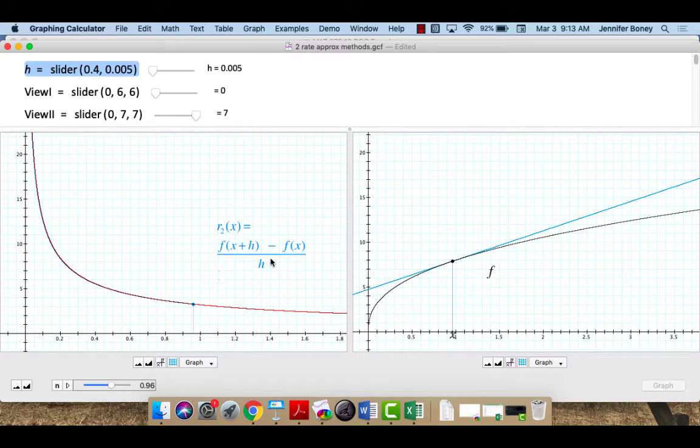I'm going to find those ratios of changes, and that gives me my rate of change value for any x value. But if I leave it as a general x and a general h, I can think of this as a formula to construct a rate of change function as opposed to just an individual rate of change value.